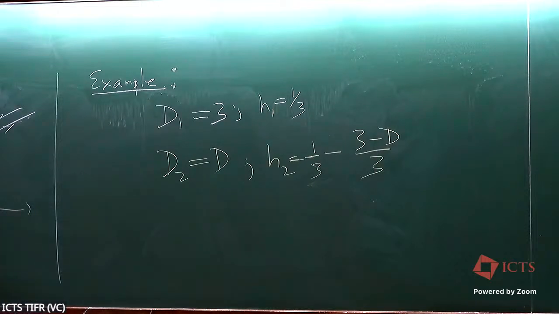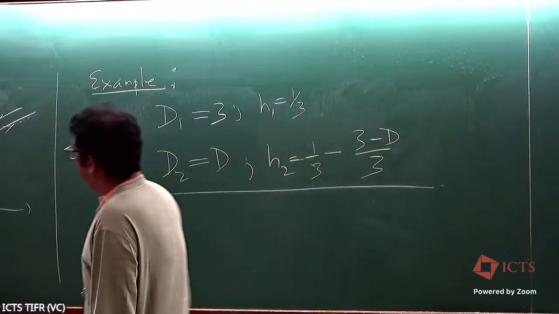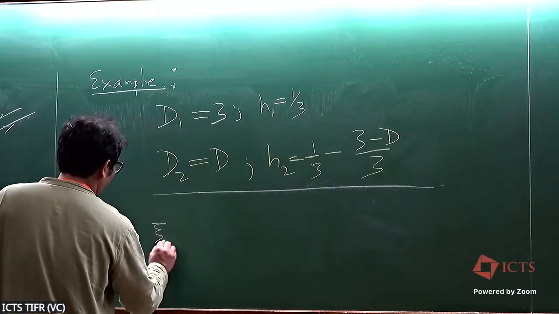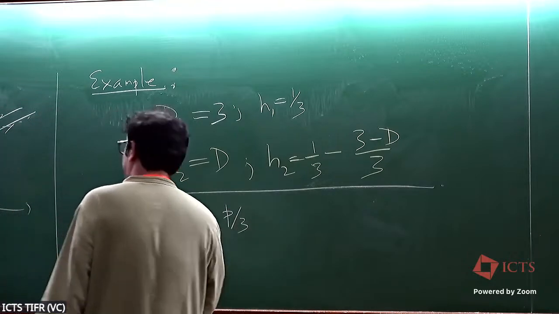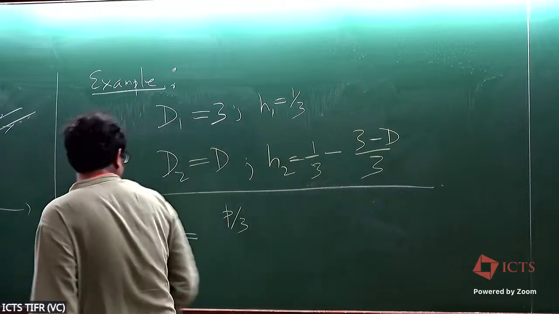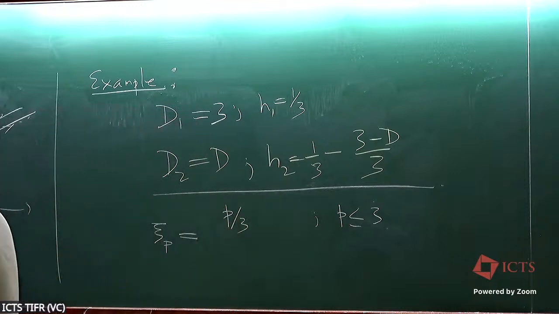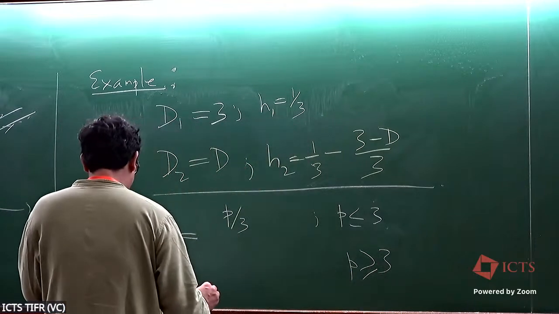What's the devilish game I'm playing? The mu's are order 1 constants. I really don't have to worry about them too much. So now I can calculate what my exponents would be, and I find them quite interesting. For p less than or equal to 3, the exponent is dominated by p by 3, and for p greater than or equal to 3, the exponent will be something else.